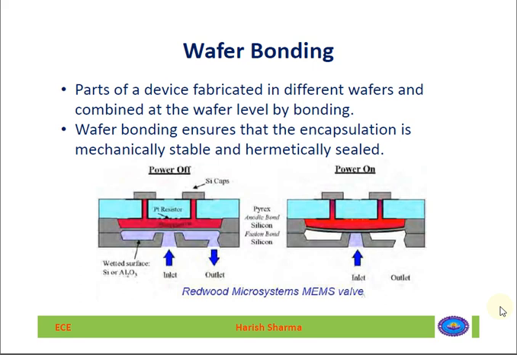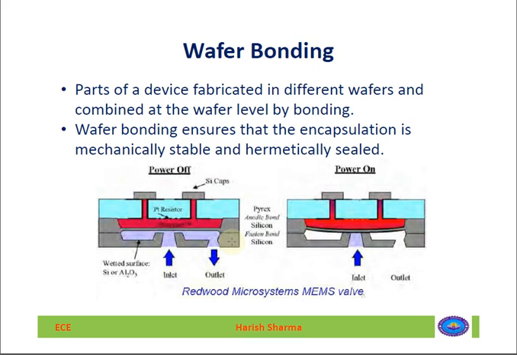For example, you can see this is a MEMS pressure sensor, where this is the input inlet, this is the diaphragm, there are piezoresistors, and this is the silicon cover, this is the outlet. So it's not possible to make this complete structure on a single wafer. So how is this manufactured? It's first built on separate wafers, then they are bonded to make a complete unit.